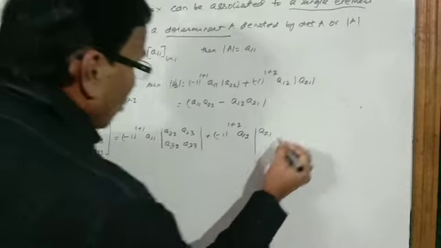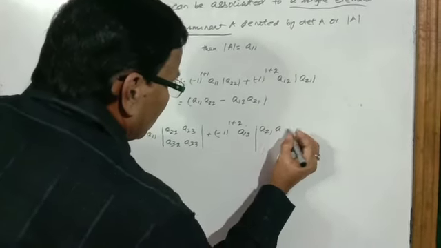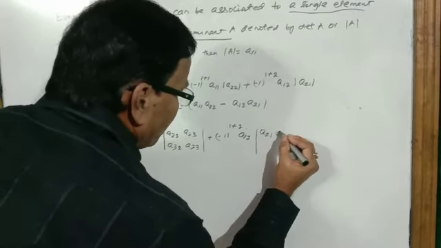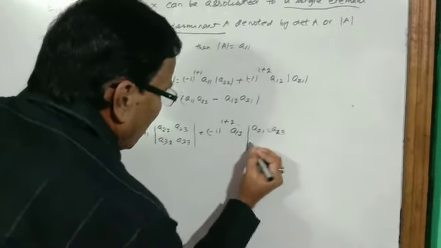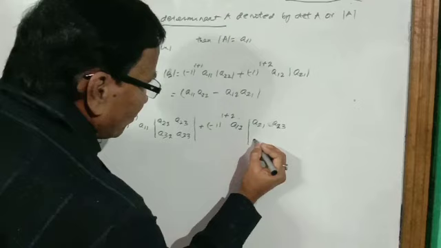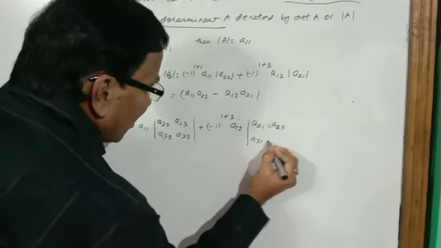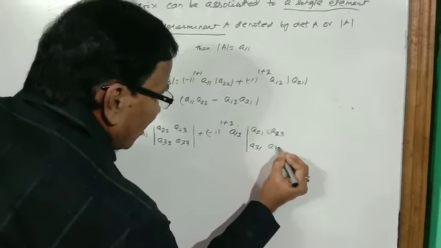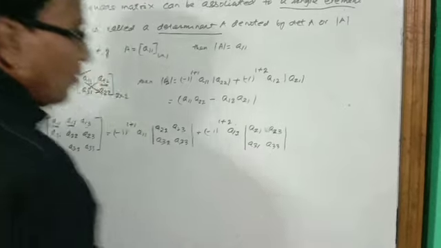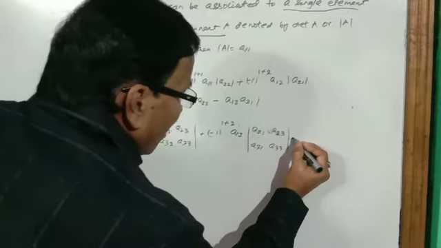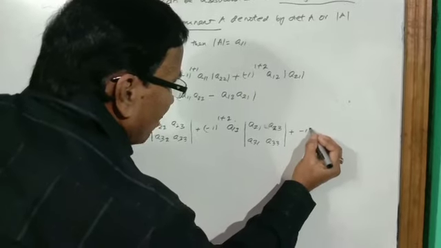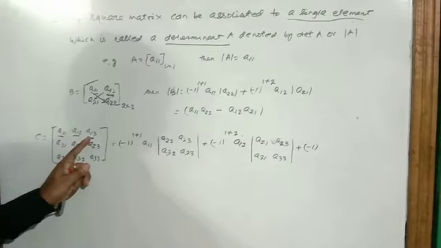A23, A31, A33. Again for this element we will take (-1) whole to the power 1 plus 3.